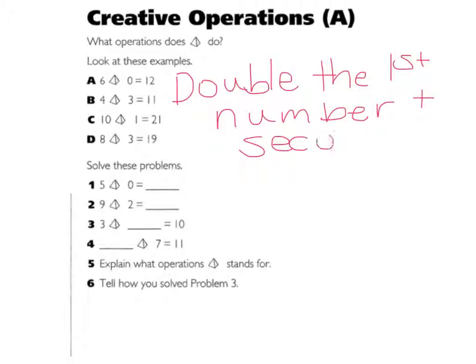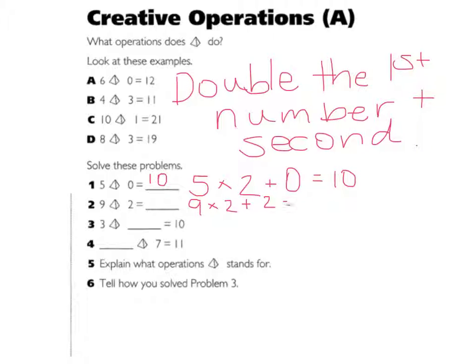So if we look at number 1 at the bottom and apply our rule, 5 times 2 is 10, plus 0 equals 10. 9 times 2 plus the second number, which is 2, equals 20.